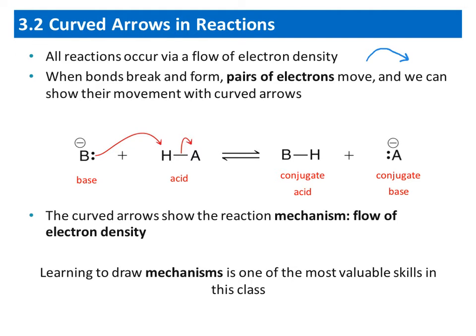A curved arrow has a tail which shows where electrons are coming from, the source of electrons, and it has a head that shows where electrons are going to, the destination of the electrons.